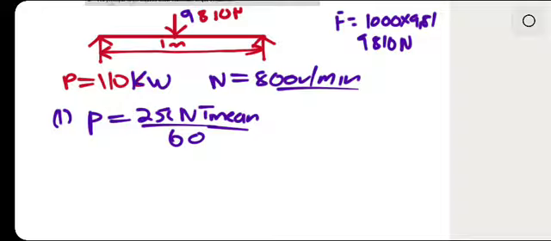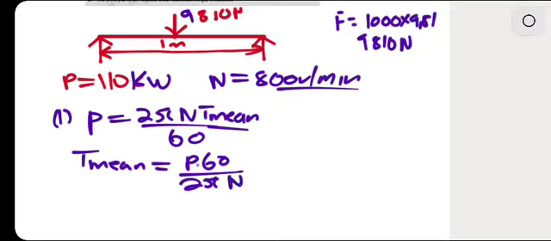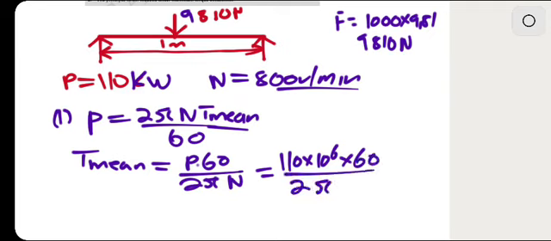Then we make T mean the subject of the formula: P multiplied by 60 divided by 2 pi N. Then let us substitute. Power is 110 times 10 to the power of 6, multiplied by 60, divided by 2 pi, N is 800.